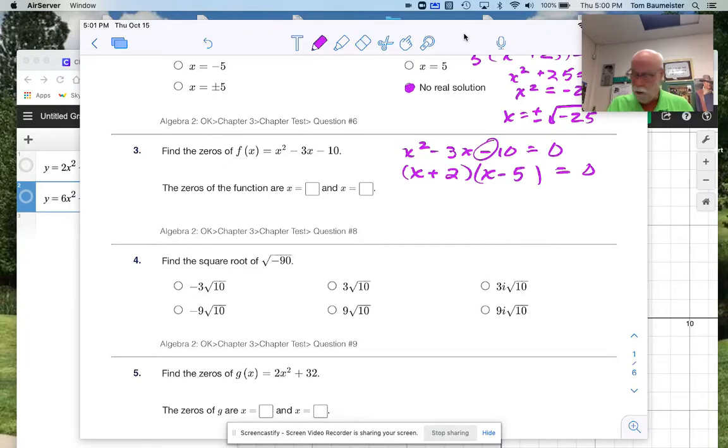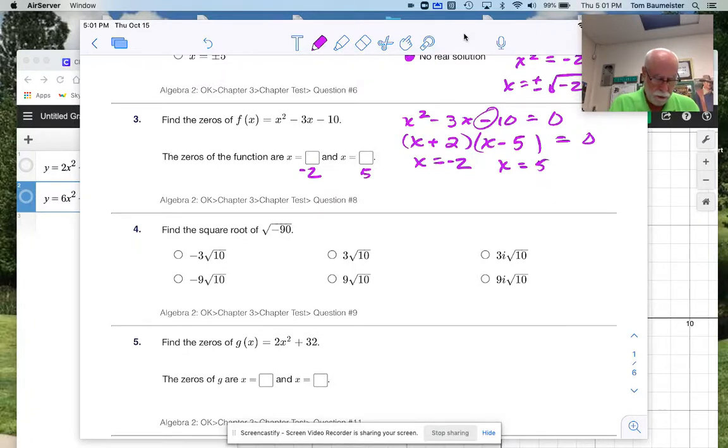All right, so again, by the zero product property, we can say that x plus 2 is equal to 0. Solve that, I'll get x is equal to negative 2. x minus 5 is equal to 0. Solve that. Notice I'm starting to solve it in my head. It is a positive 5. So my answers are, again, negative 2 and 5. It doesn't matter which order you put those in. All right.